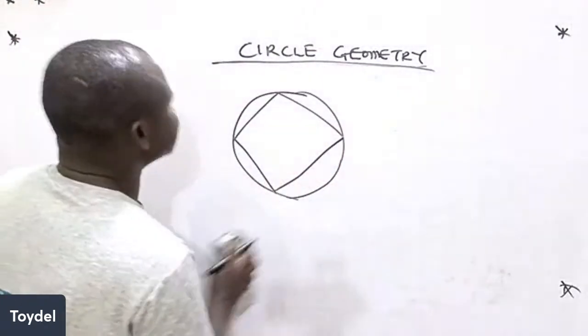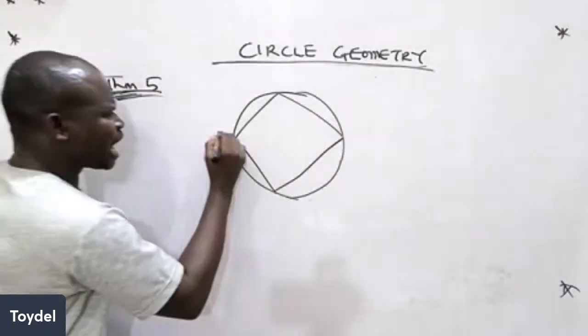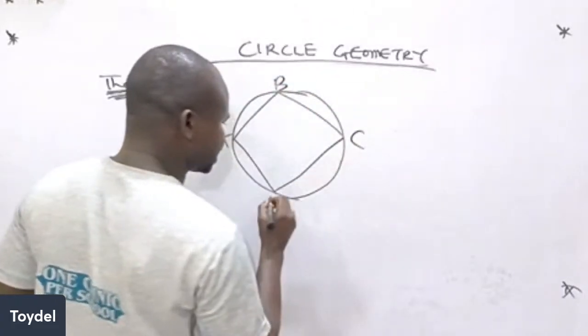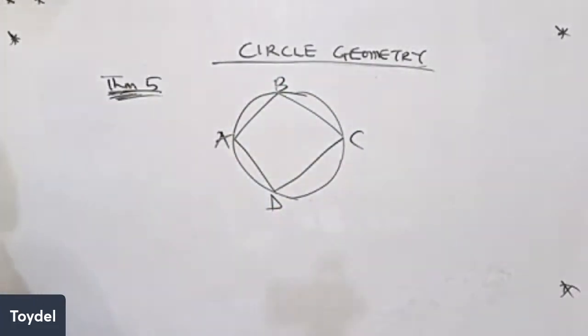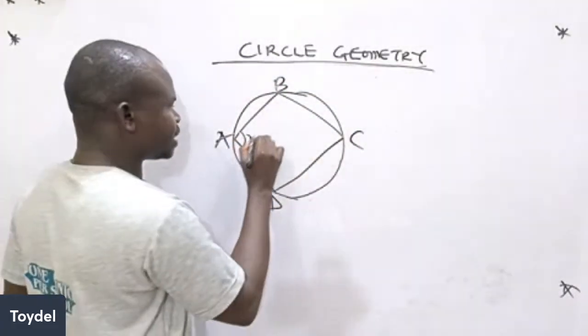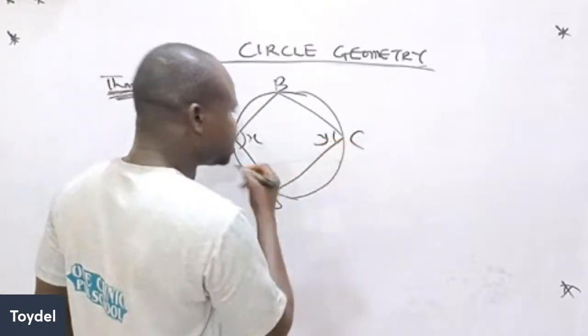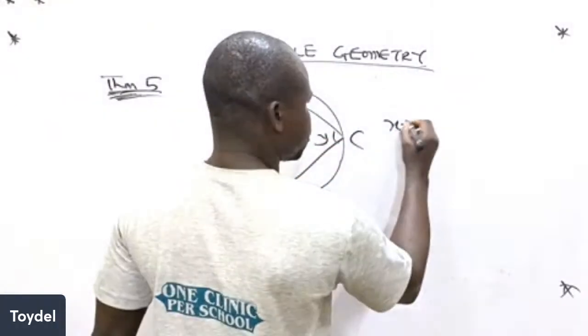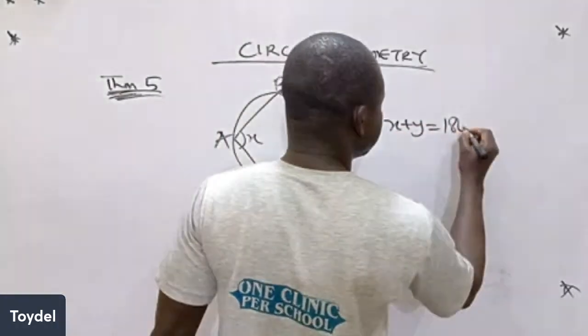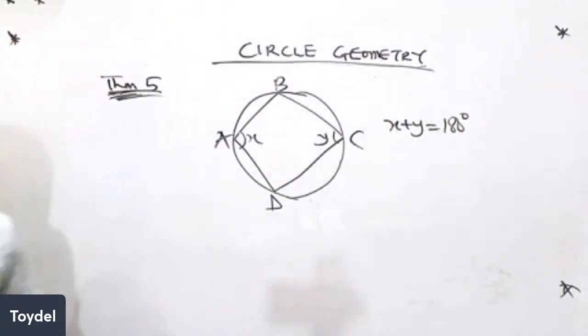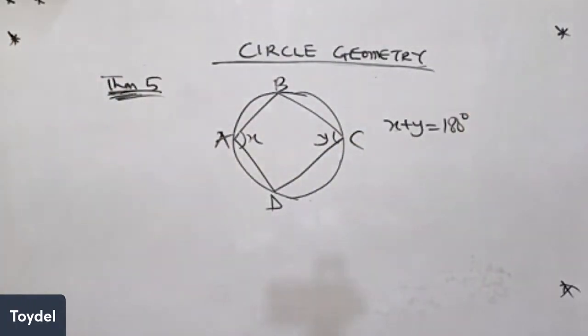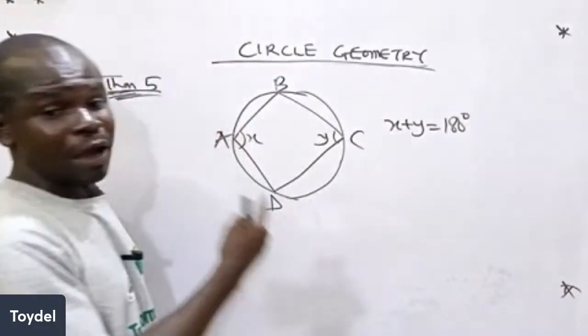Theorem 5 says that the opposite angles of a cyclic quadrilateral are supplementary. That is, if this is angle X and this is angle Y, the theorem says that angle X plus Y is equal to 180 degrees. When angles add up to 90, they are complementary, but supplementary angles are angles that add up to 180.